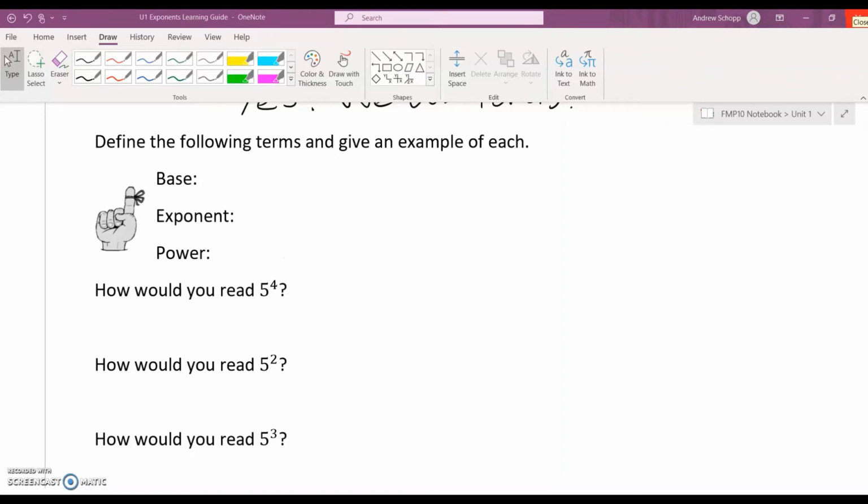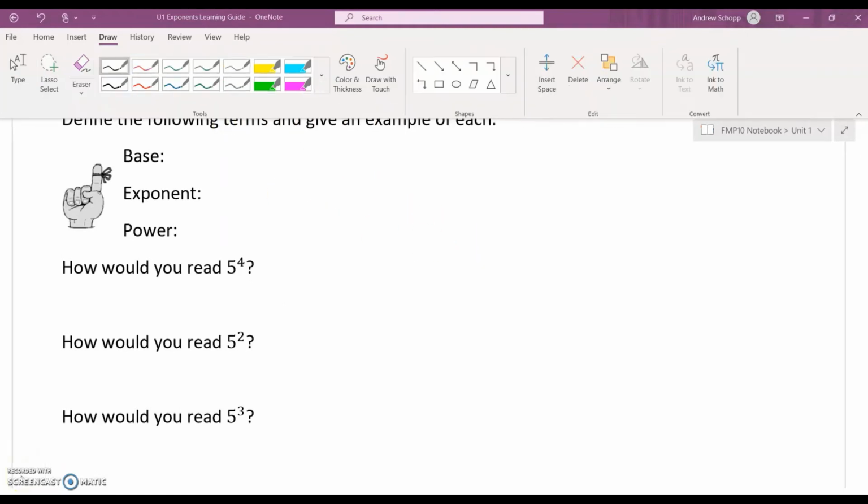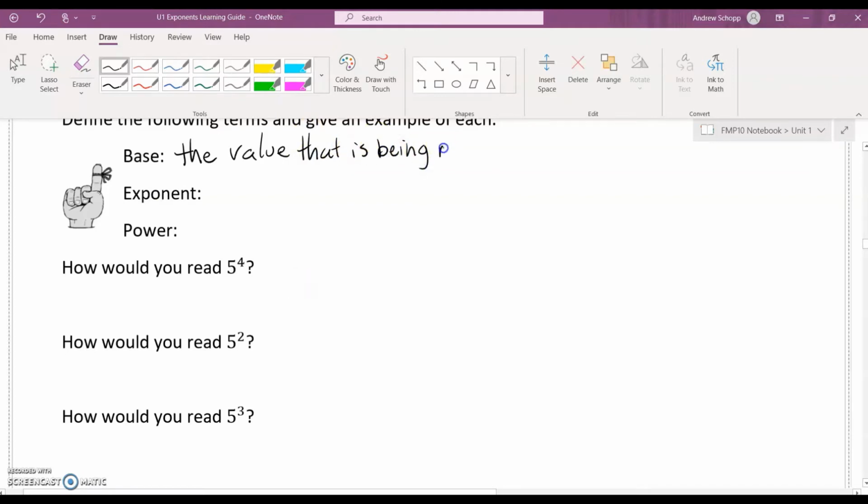Let's define a few terms that will help us talk about powers more effectively. So base is the value that is being multiplied by itself.